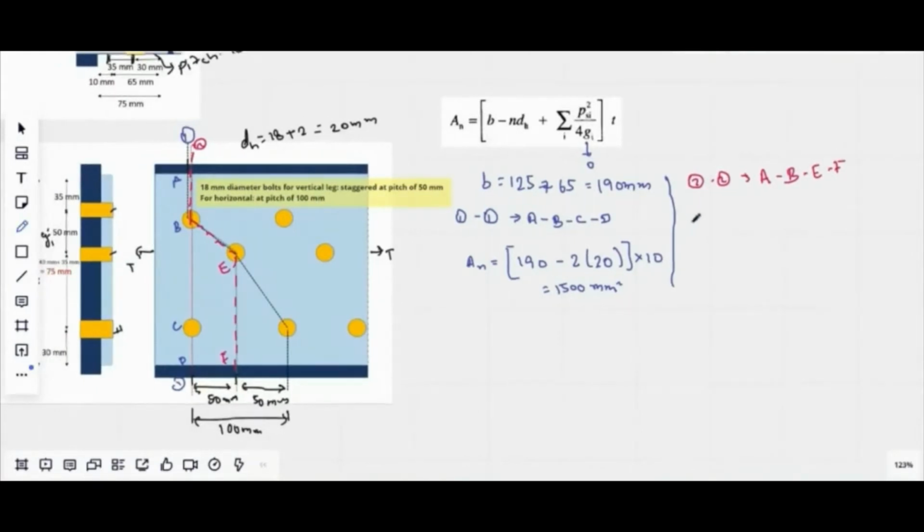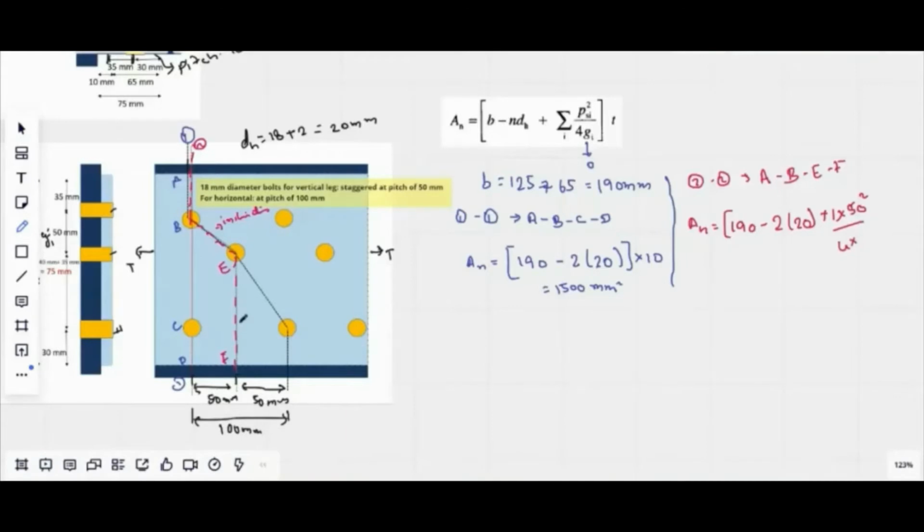So to calculate the net area An, which is equal to 190 minus, there are two number of bolts into bolt hole diameter, which is 20 mm, plus 1, as there is one inclination in pitch, into 50 square, as the distance between the pitch is 50, divided by 4.